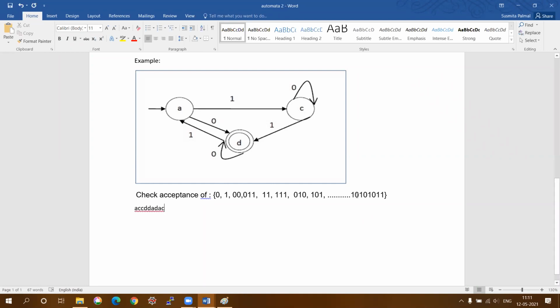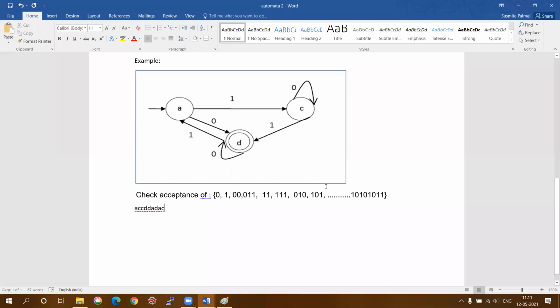So here we will check the length of my input string. Let's check how long the input string is: 1 2 3 4 5 6 7 8. Input string length is 8. And how many states are we traversing? Let's check: 1 2 3 4 5 6 7 8 9.